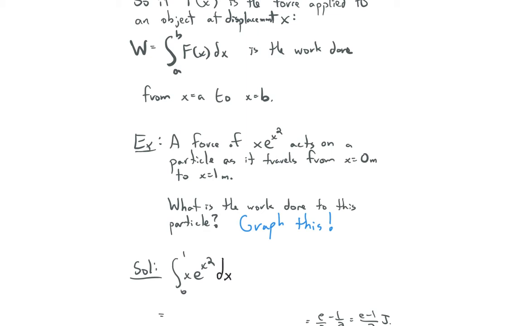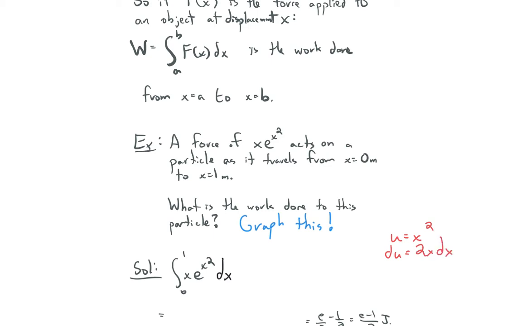Well, I see that we have x squared with its derivative multiplied by that composed function. So we're good to go with a u substitution. So let's do that. u is going to be x squared, and du is going to be 2x dx.